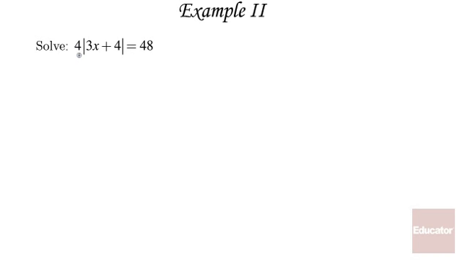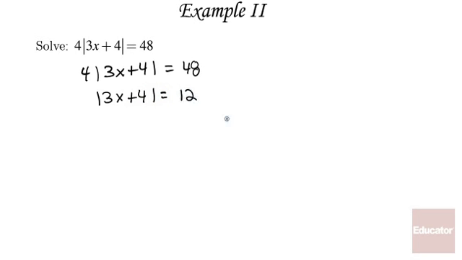Example 2, I have an absolute value expression on the left, but it's not isolated. So the first step is to isolate the absolute value and then find the two related equations and solve them. So divide both sides by 4 to get that isolated. Now recall that the absolute value of x equals 2, for example, means that x could equal 2 or x could equal negative 2, to just illustrate the definition of absolute value.